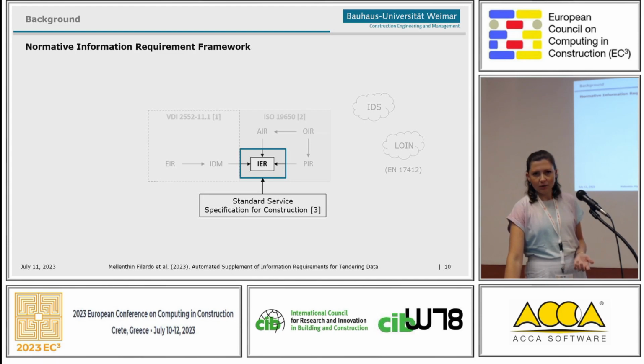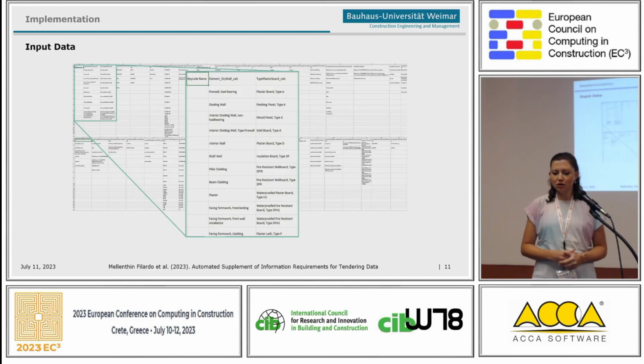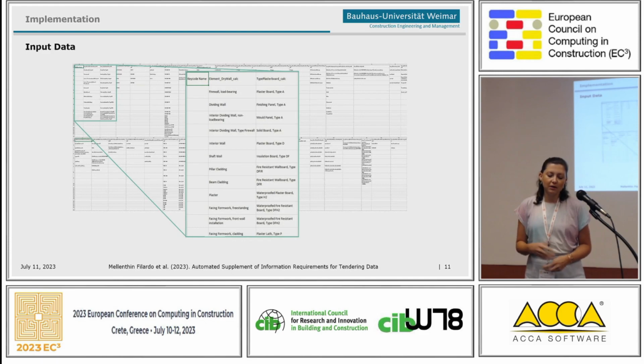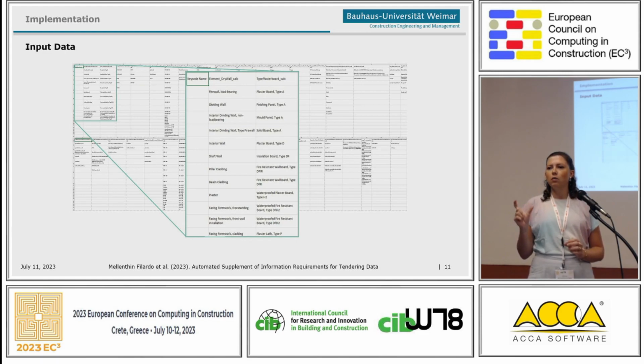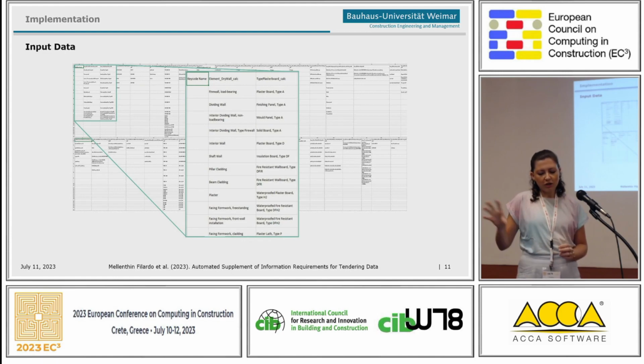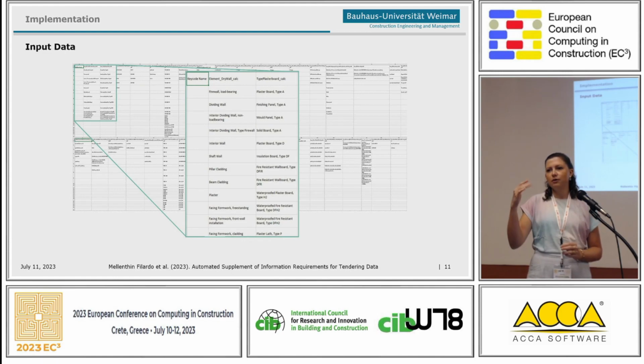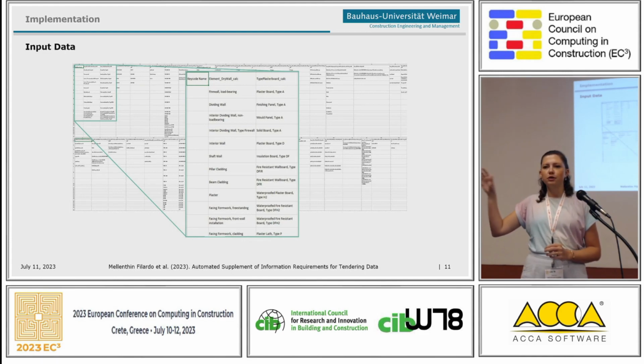That's the placement. I will go into the implementation and our input data. As I said, it's a spreadsheet, so we have the different types of properties. We worked with the group drywall walls, which has a classification system in Germany, so it's very predefined which properties and which options for each property we can have.